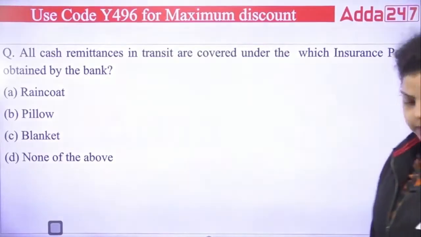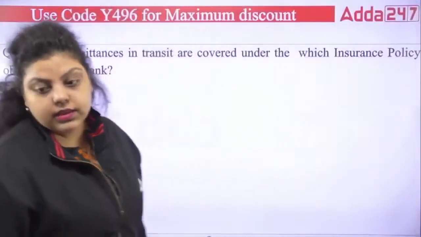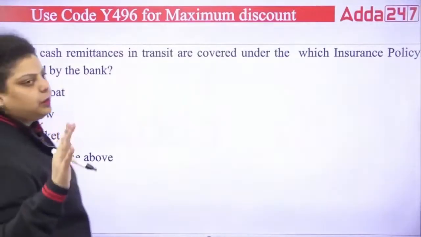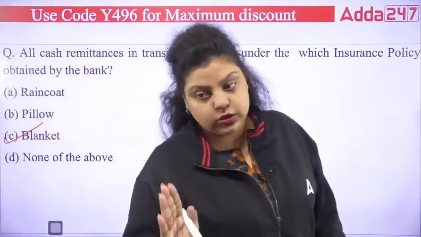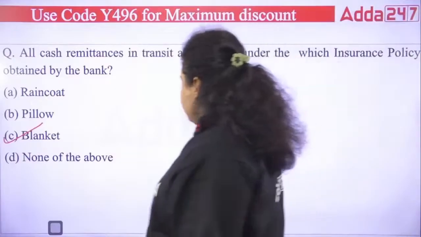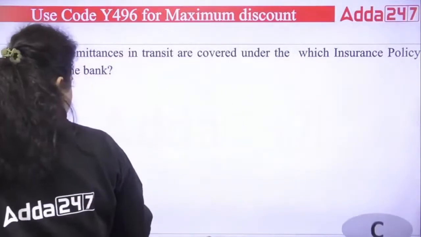A, B, C or D? And the right answer here will be, very good, the C option. It's a blanket policy. It's a blanket insurance policy that covers cash remittance. So the right answer will be your C option.